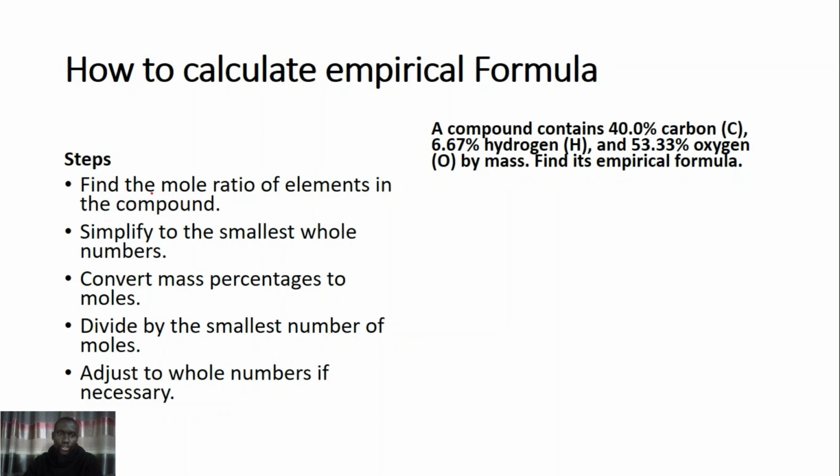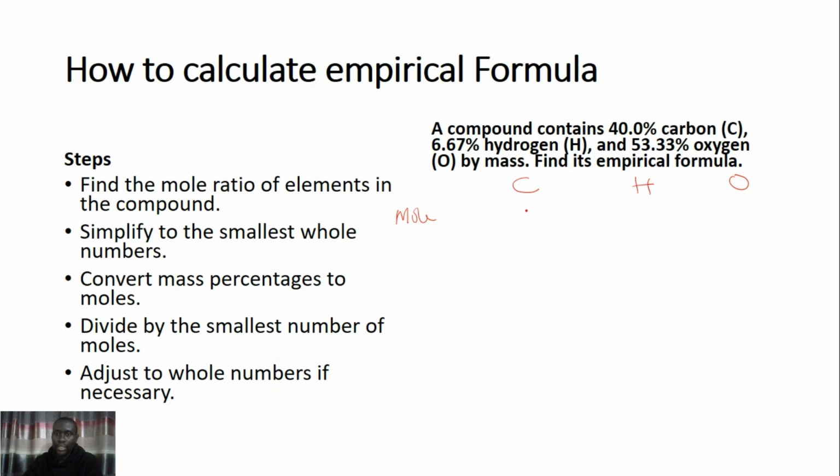Step number one is to find the mole ratio of elements in the compound. How do you find the mole ratio? Number one is to find the mole of each element. We have three elements in this compound, which are carbon, hydrogen, and oxygen.